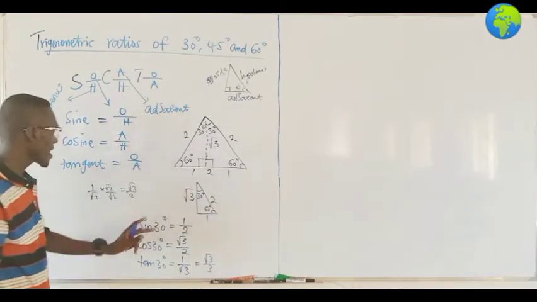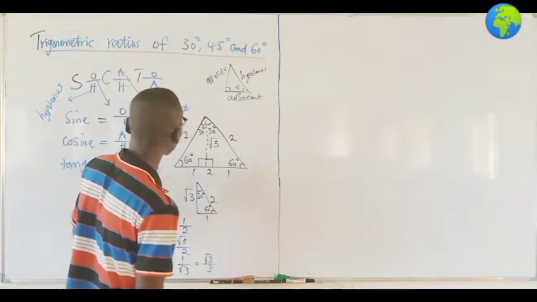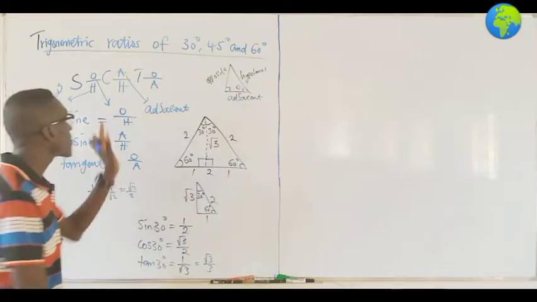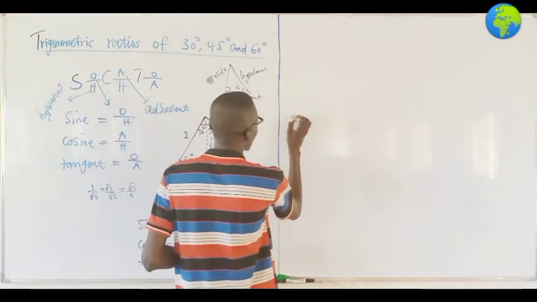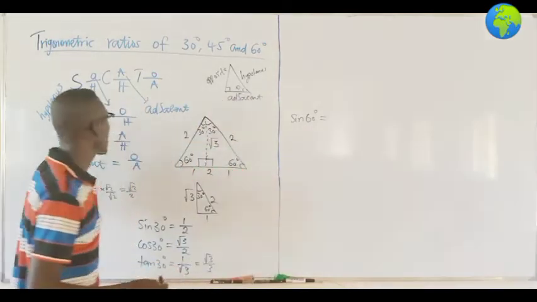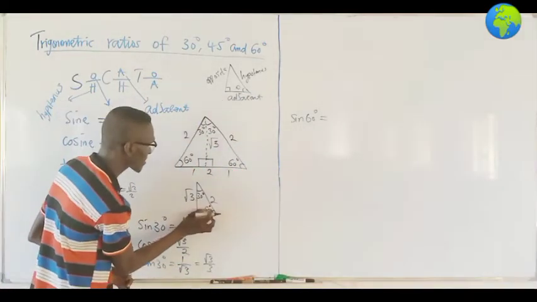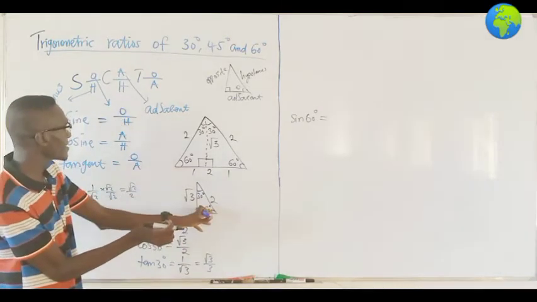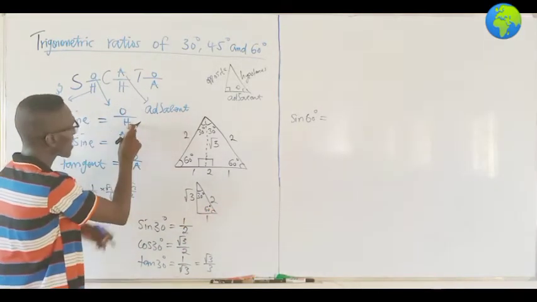So how do we get that for 45 degrees? Oh, sorry, 60 degrees now, because I don't have 45 degrees here. For 60 degrees, sine 60, same formula, using the 60 that is down here. Sine 60 is opposite over hypotenuse.